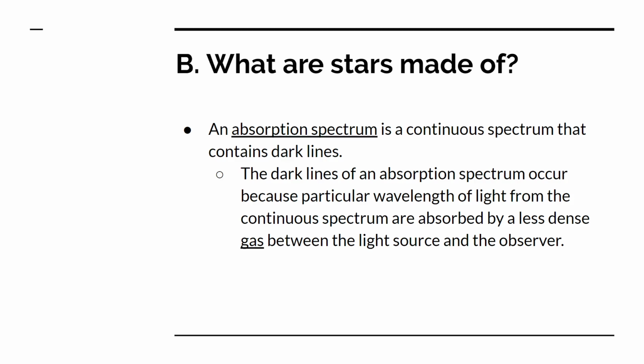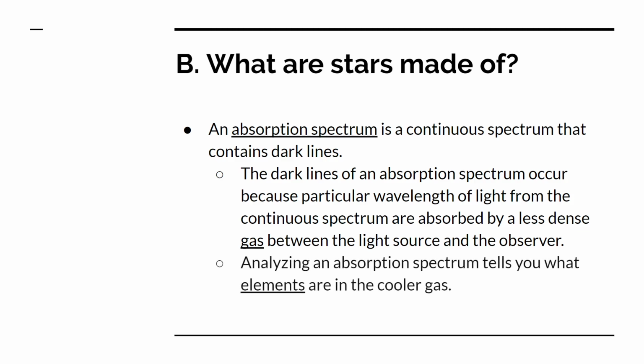You know that if sunlight passes through a cloud, it gets a lot dimmer, or maybe you can't exactly see the sun. Well, if there's one of those clouds out in space, it's probably not going to be as thick as the clouds here. So most of the light's going to get through, but some of these specific colors get stuck in that cloud. So not all of the colors hit us where we are. That is what an absorption spectrum is called.